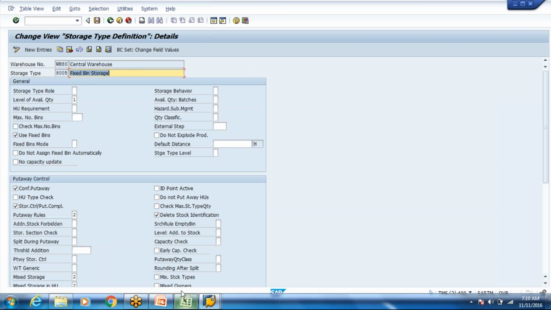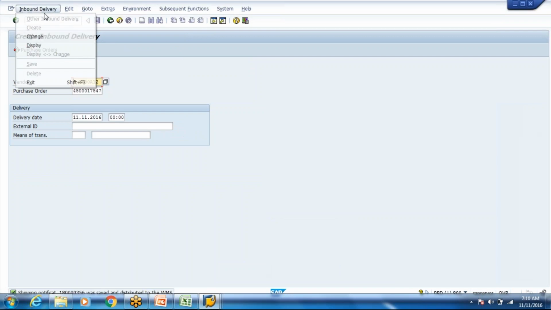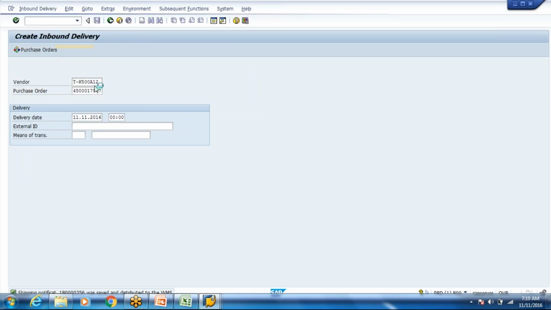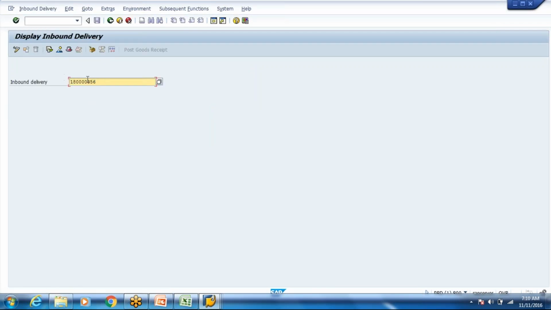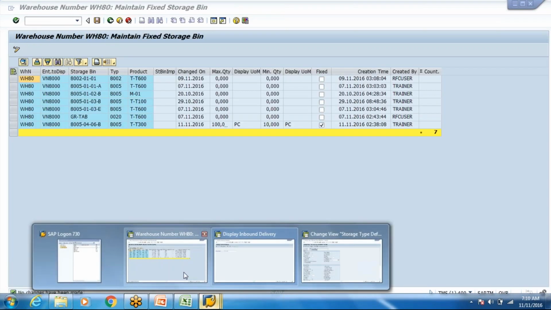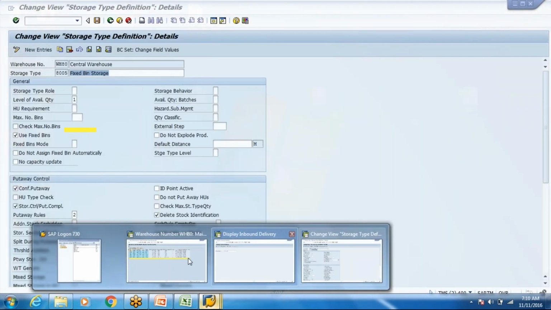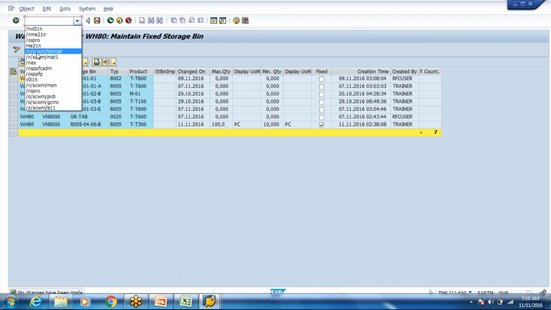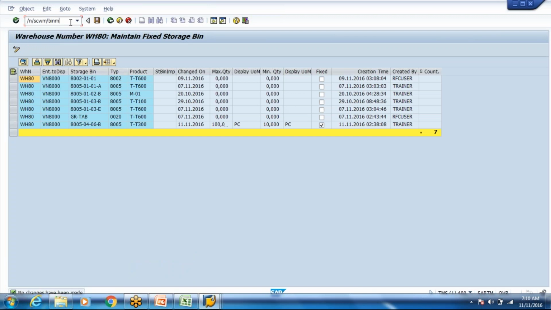Okay, so we'll see now how it works. This is the delivery. Yesterday we were facing an issue with the PPF, I've stopped it. So we can now see the task created manually.